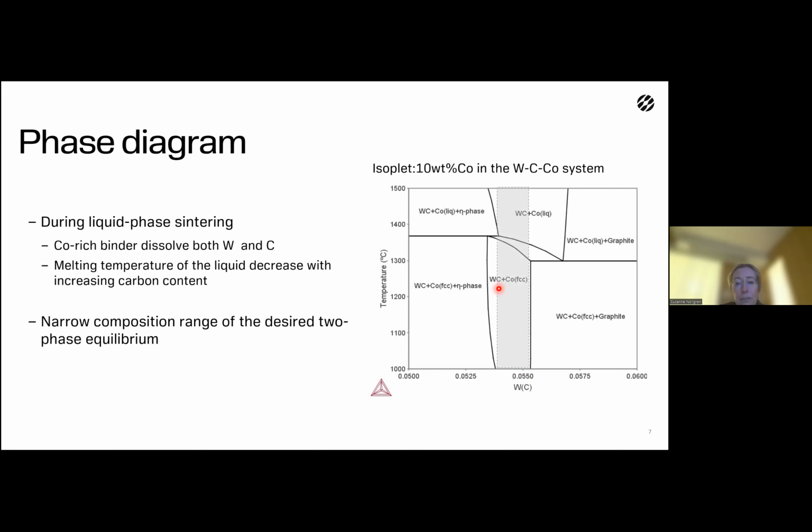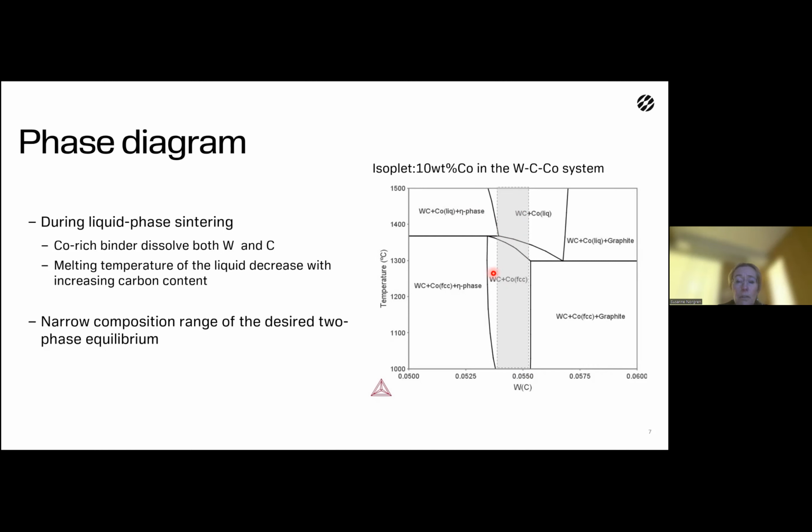If we continue, you can see that you really would like to be in this area of the phase diagram, because if you're to the left of this point, you will form something called eta phase, which is a brittle phase. It's very unlikely that, during the cooling process, if it's nucleated in the liquid, there will be enough time to back transform to tungsten carbide and cobalt.